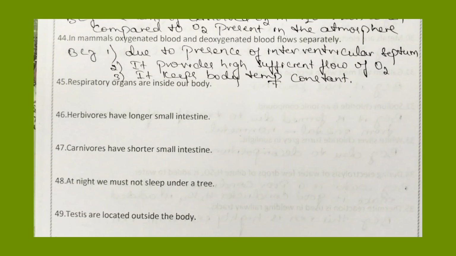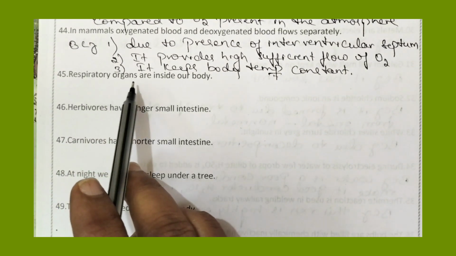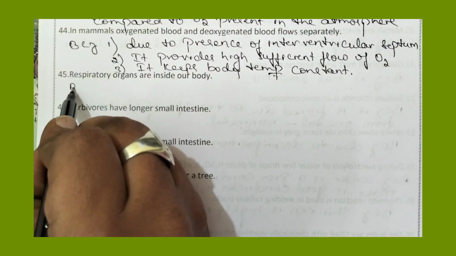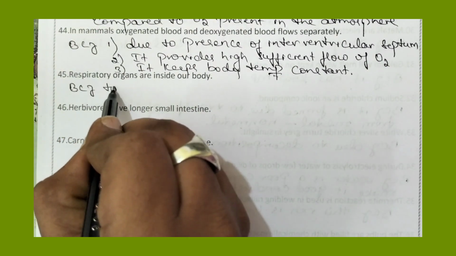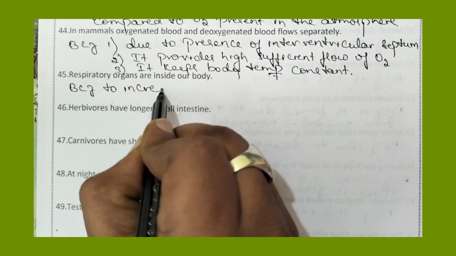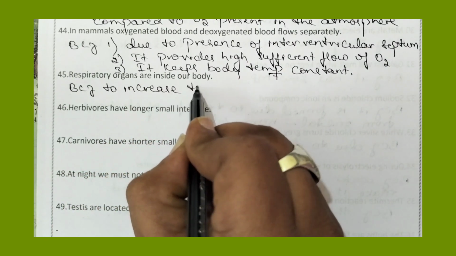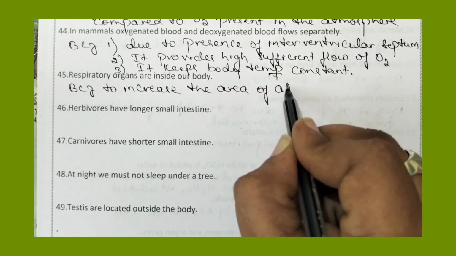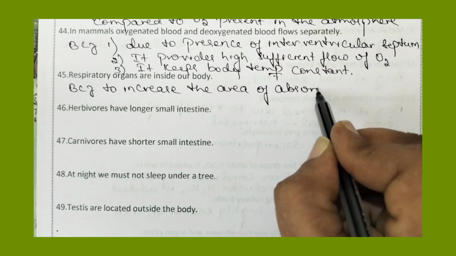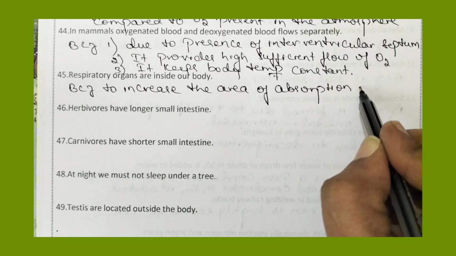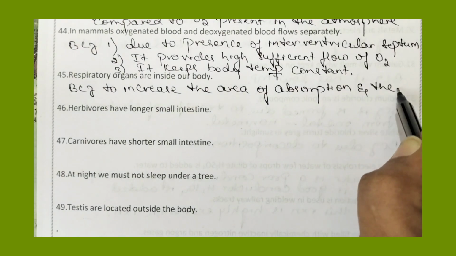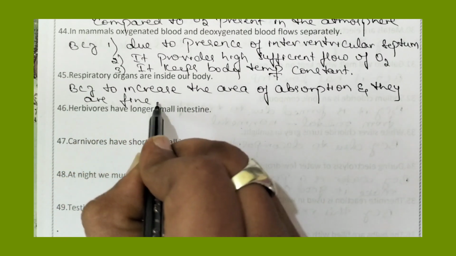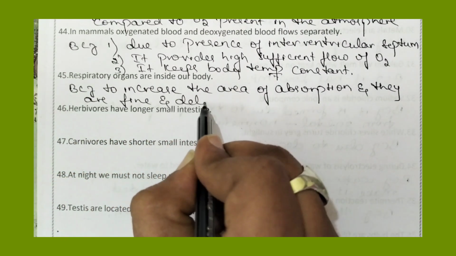Next, question number 45. Respiratory organs are inside our body because to increase the area of absorption, and they are fine and delicate.